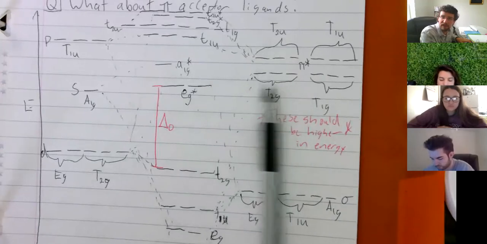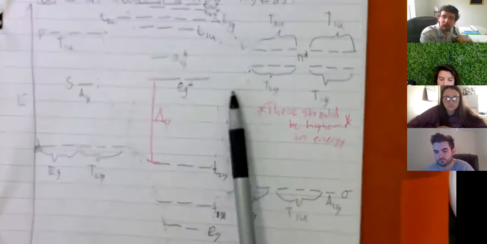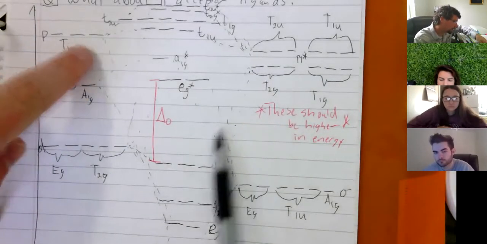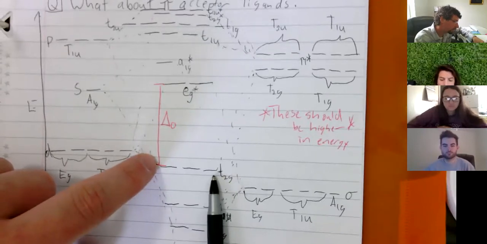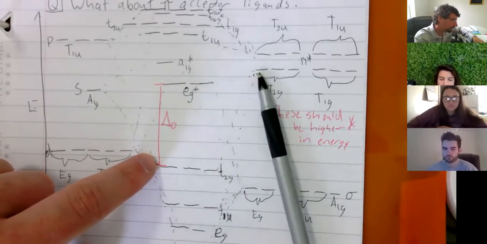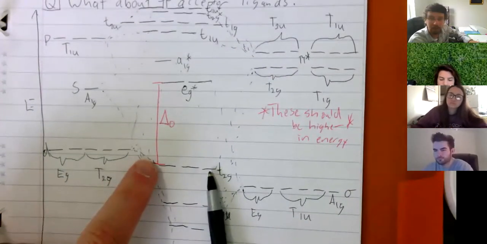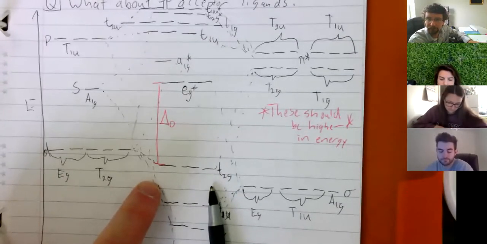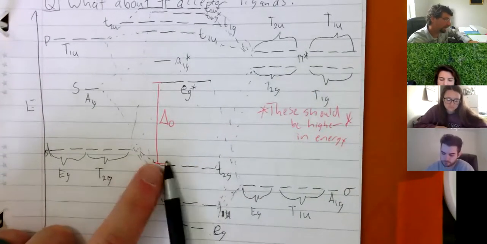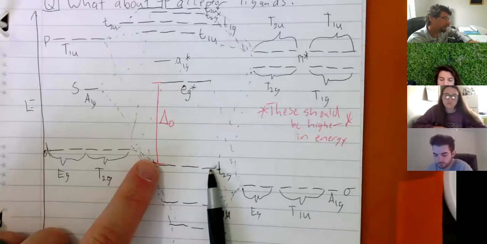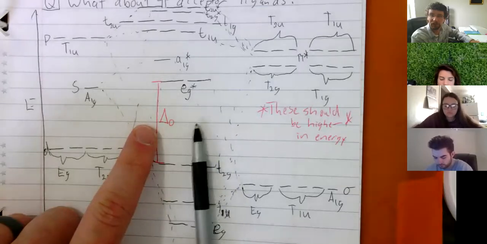And remember, with pi accepting ligands, what ended up happening is we caused a greater shift in this delta O. This t2g level was hybridizing with unoccupied pi star orbitals, so it was getting lower in energy, right? Whereas if we have systems that are pi donating, this t2g orbital is destabilizing and moving up in energy, making our octahedral field splitting get lower.